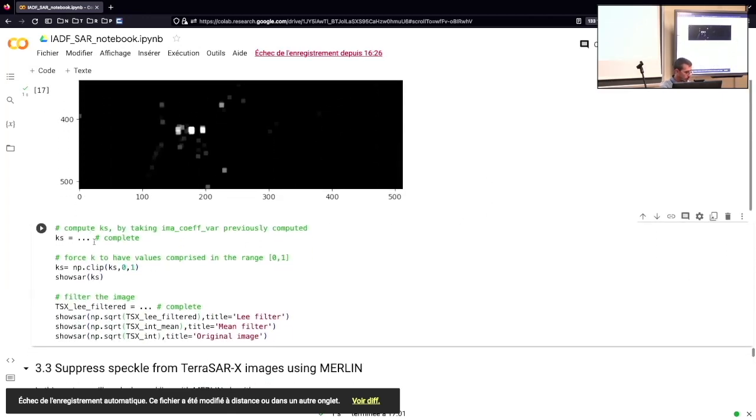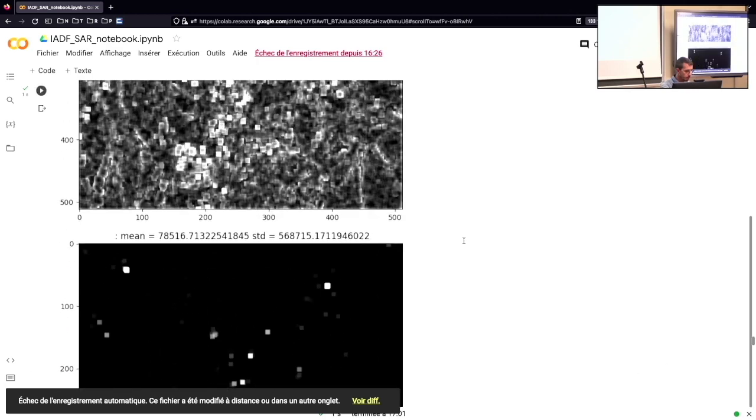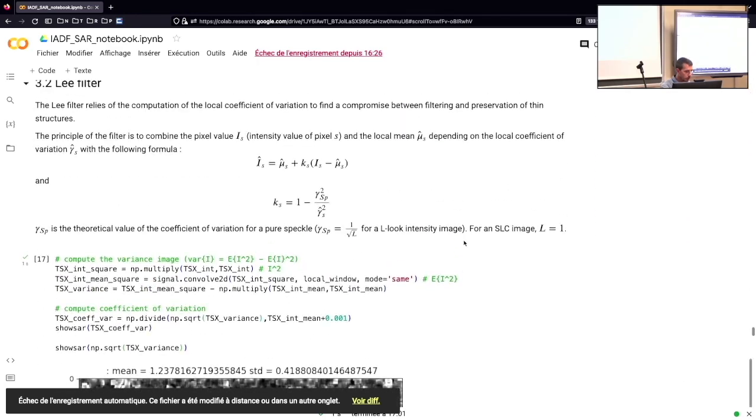So that's what we are going to do here. So we are going to define K. So I gave you the formula here. K is going to be 1 minus 1, because we are dealing with a single look complex SAR image, divided by the empirical coefficient of variation.